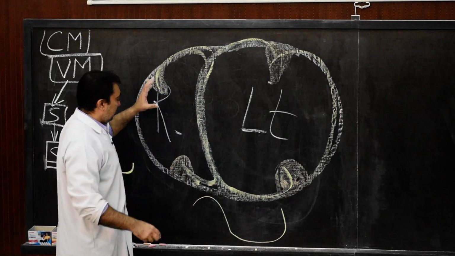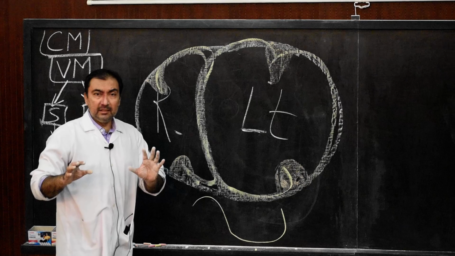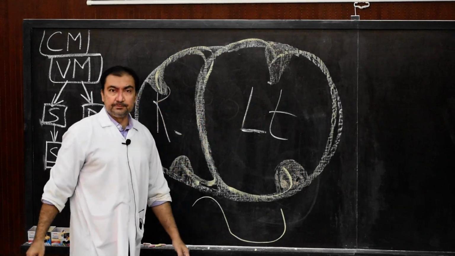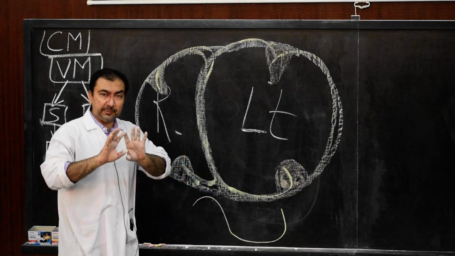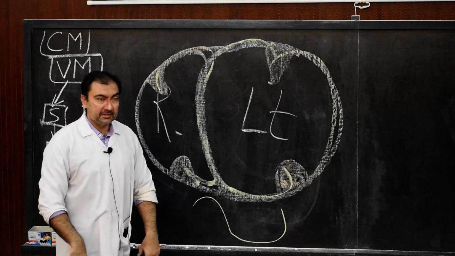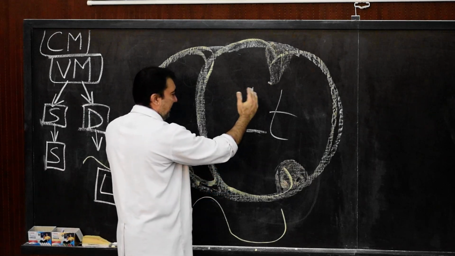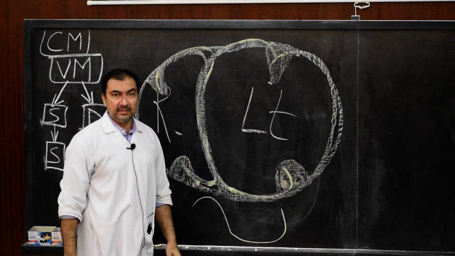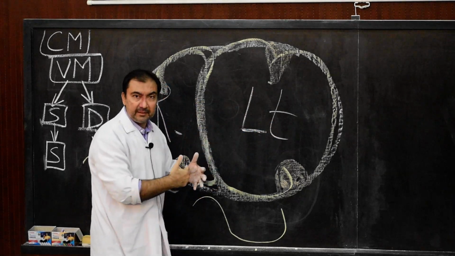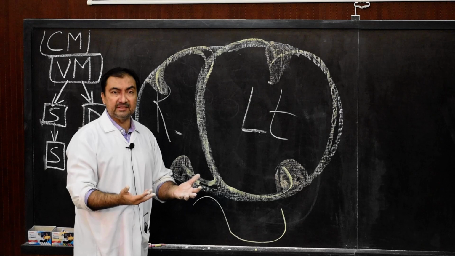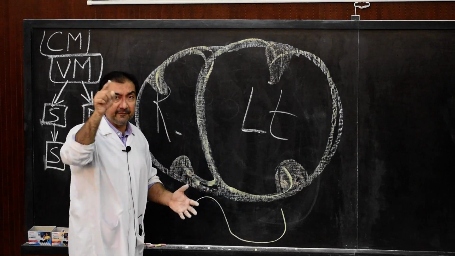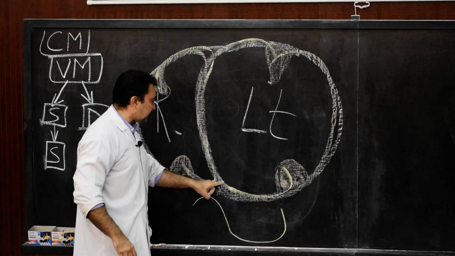So very simply, the deep group of ventricular muscles will be arranged in a specialized loop in such a way that they are attached to the papillary muscles of both the ventricles, connecting them, but they will pass through the interventricular septum.